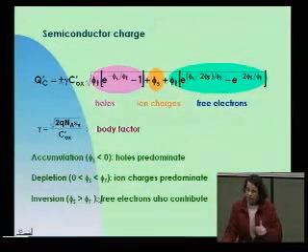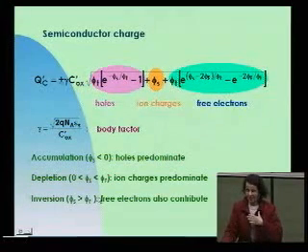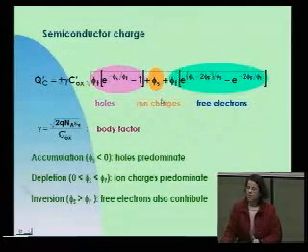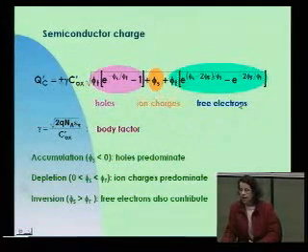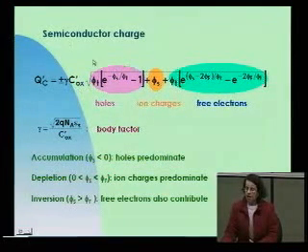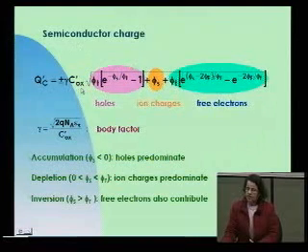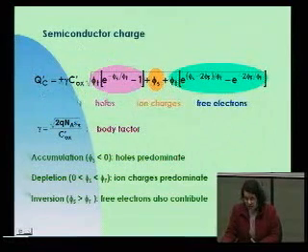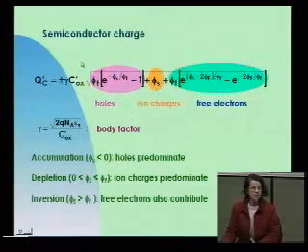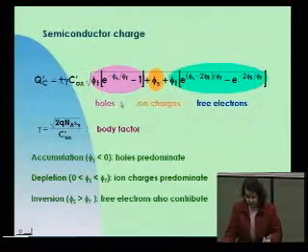And then in the inversion, which is of our interest, we'll have both contributions of ion charges and free electrons. We may neglect this term here, and use a simpler form of the semiconductor charge. And I will do this.